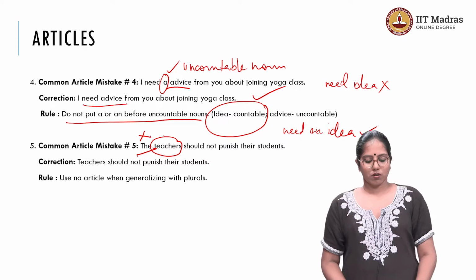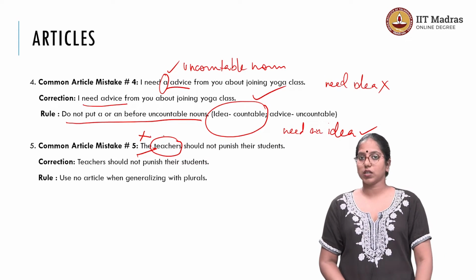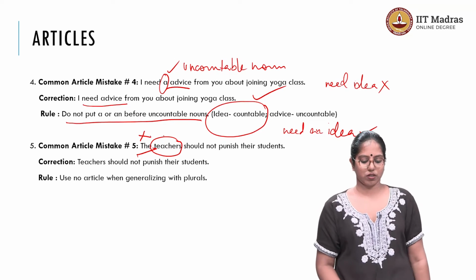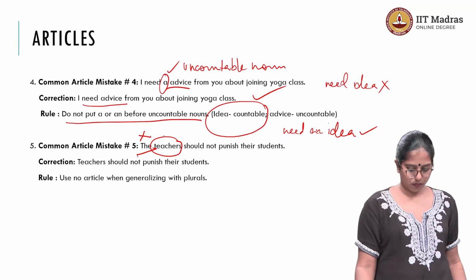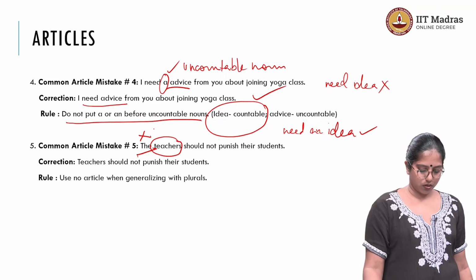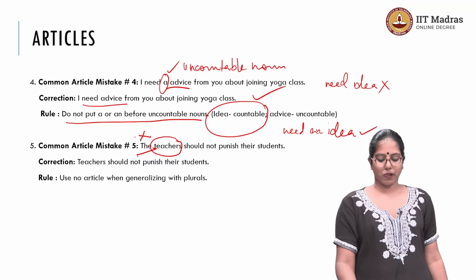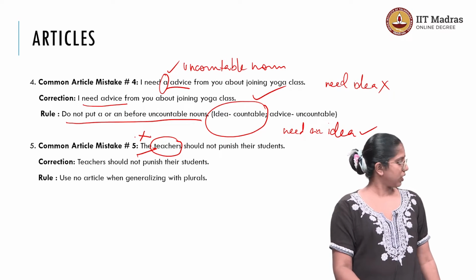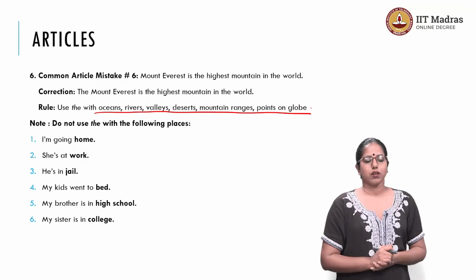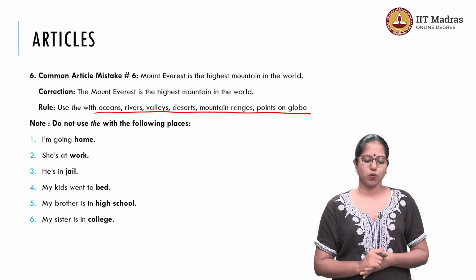So teachers should not punish their students. You don't say the teachers should not punish their students. Here you are generalizing the plural. You don't use an article before generalizing plurals.